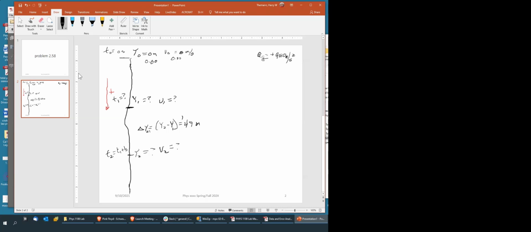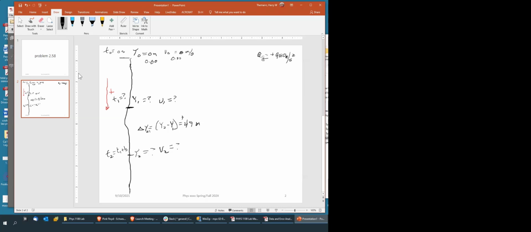It's a plus 49 meters because we're saying that the positive direction is down. So when we get to the ground it's going to be some positive number. And what else do we know? Well, we know the difference in time.